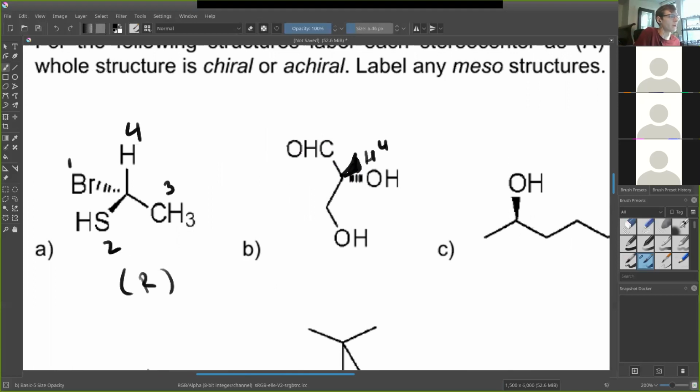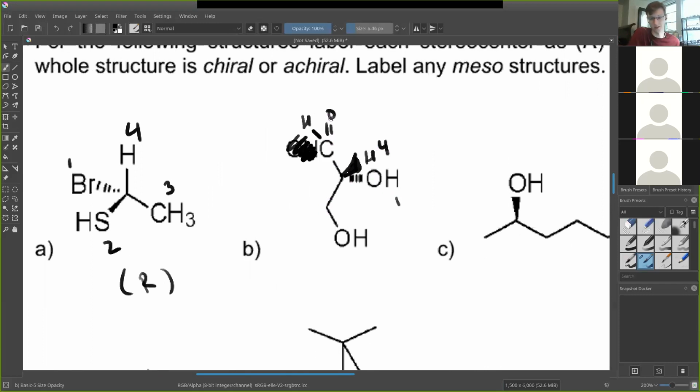Over here, I'm going to draw it all the way out because that's better. So hydrogen is 4, right? Here we have oxygen and then carbon and carbon. Oxygen is going to be the highest, so that's 1. So we have carbon and carbon, so we have to look a little bit further.